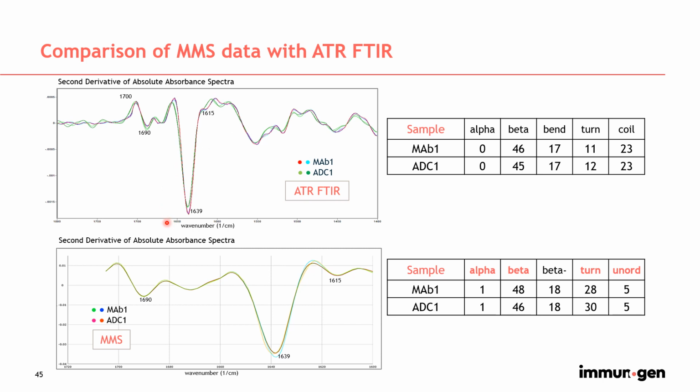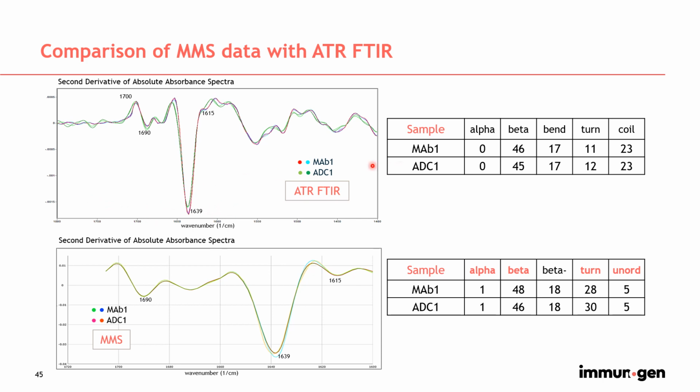The figure on the bottom is the second derivative from an MMS for the same antibody and the ADC. Looking closely at the amide-1 band region from 1590 to 1700 wave numbers, we see that the overall shape and the bands in this region correspond very well between FTIR and MMS.